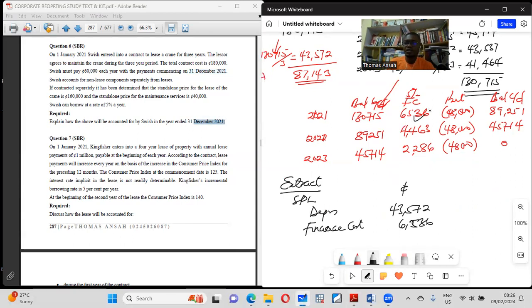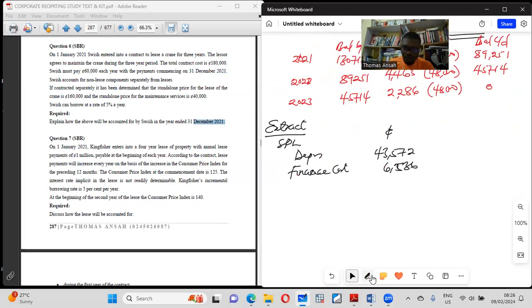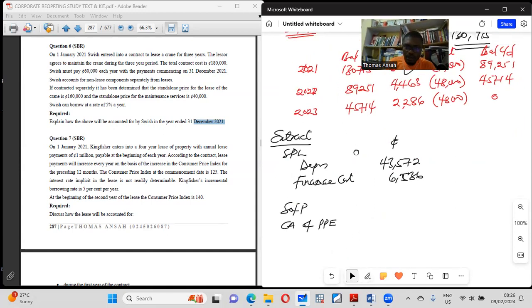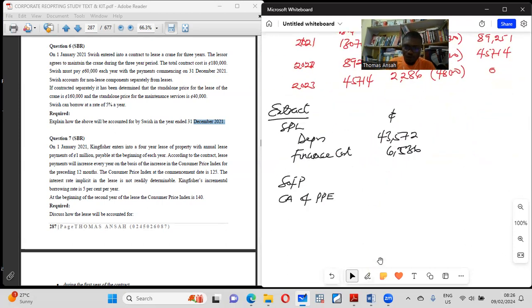Pick the figures. My SOFP will read my NCA of the PPE. What was that amount? 87,143.